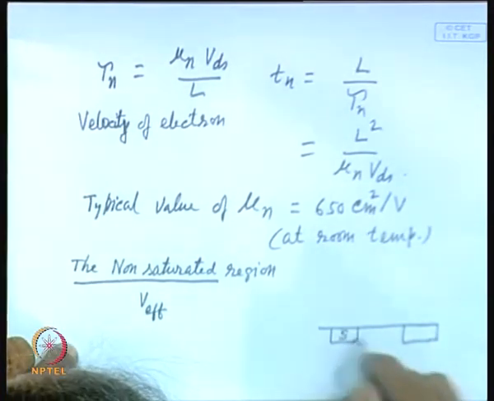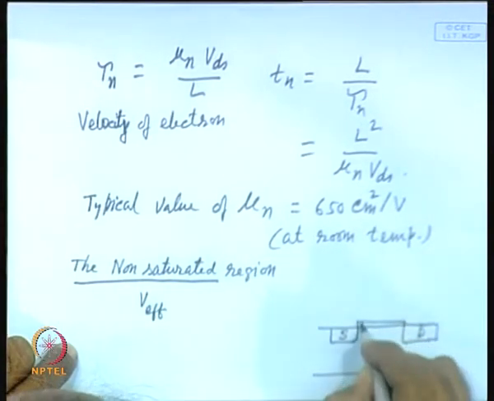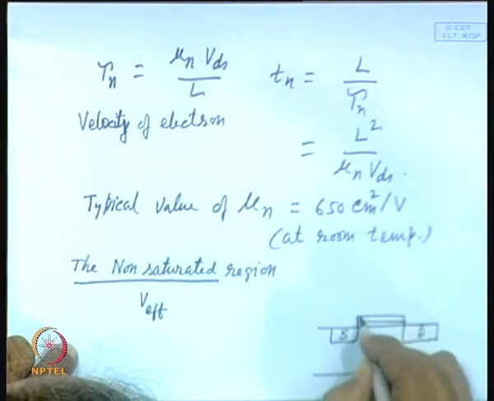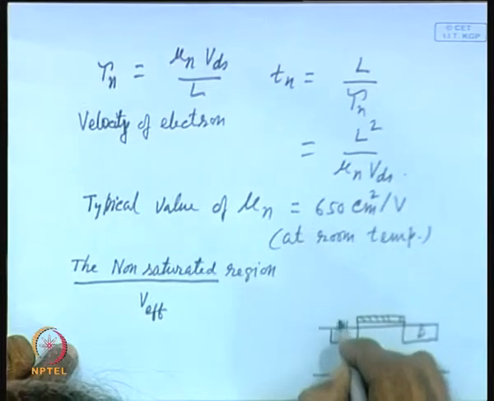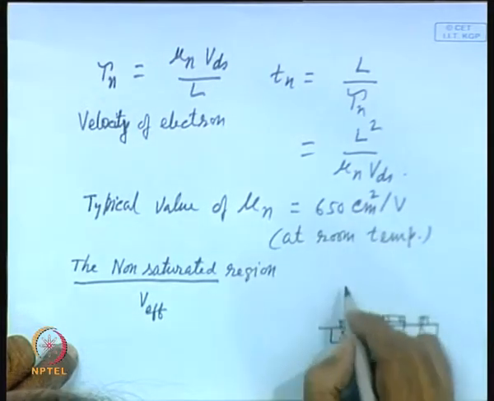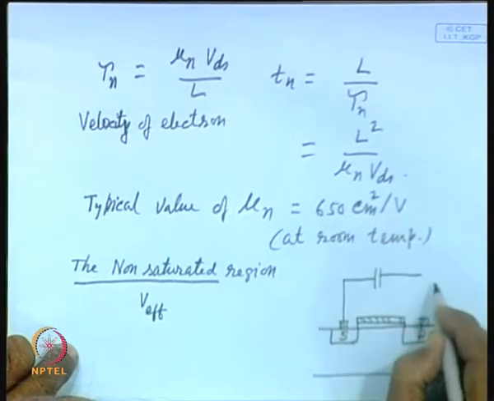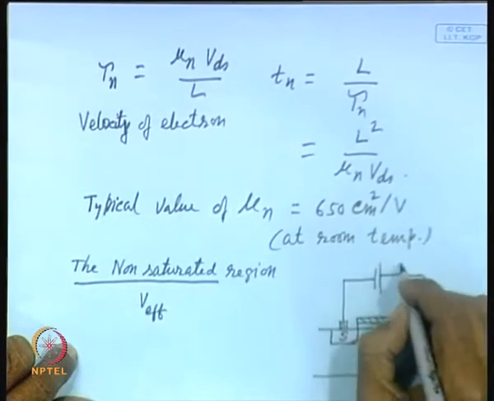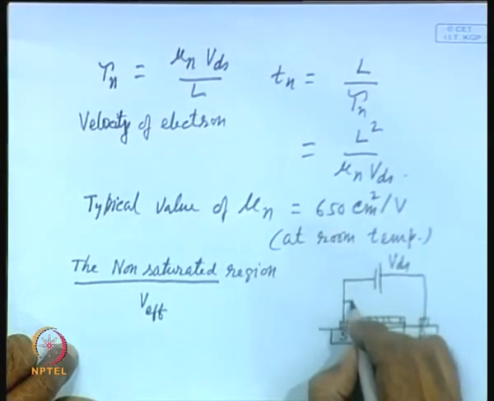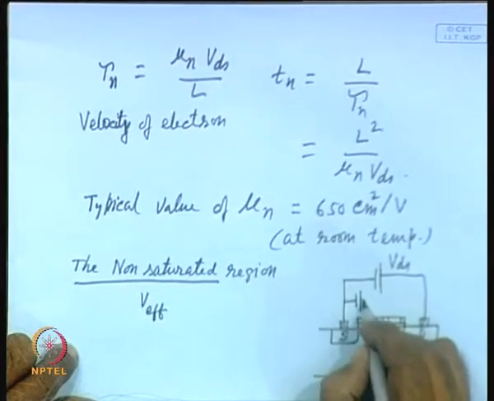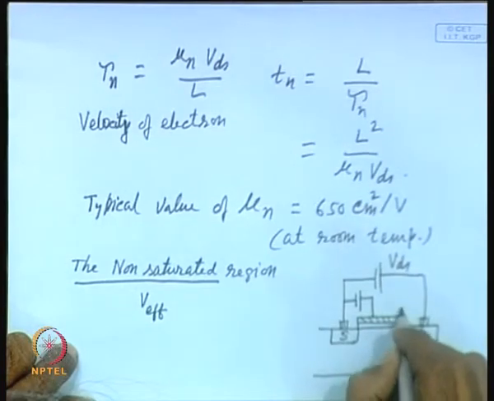So, here is your source and here is your drain, this is the channel, then you have got the silicon dioxide and on top of that polysilicon. You are applying a positive voltage VDS between the source and drain, and you are also applying a voltage VGS between source and gate.